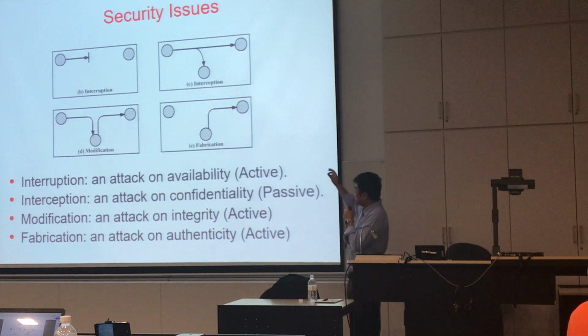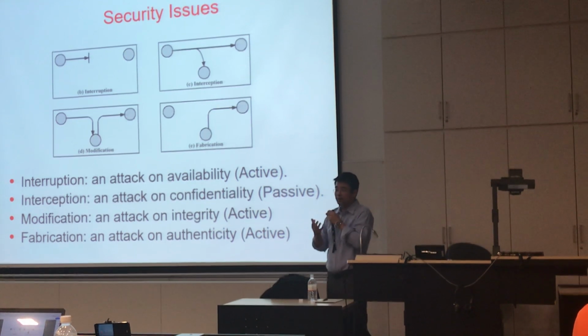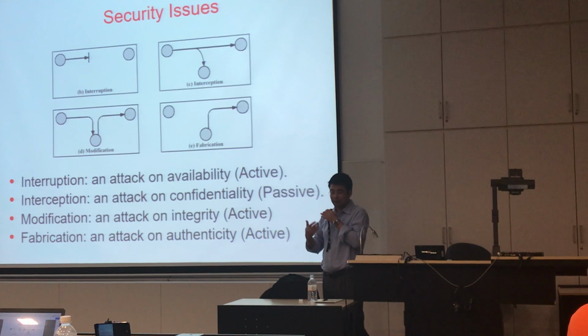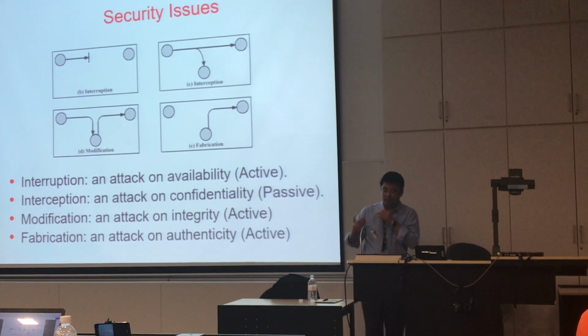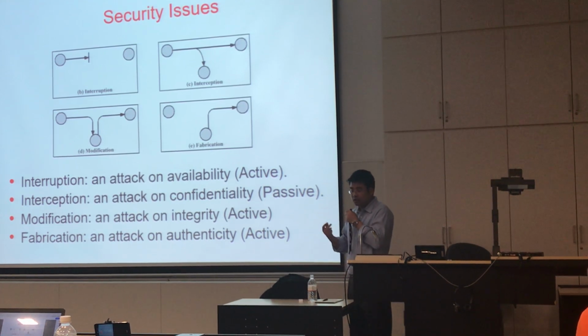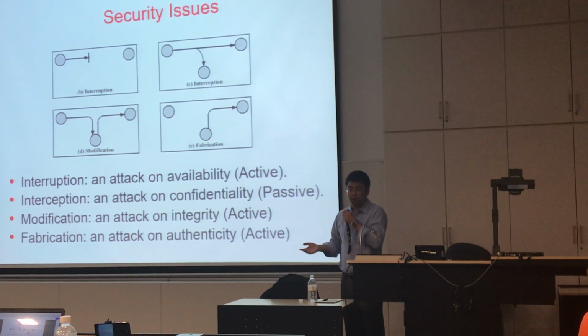If there is a way for the receiver to detect that this is not a fresh message, that it is a replayed message, then we can prevent the attack and achieve authenticity. Authenticity here means we can make sure the message was indeed generated by the sender, and it was freshly generated. It is really a new message, not a replayed message.